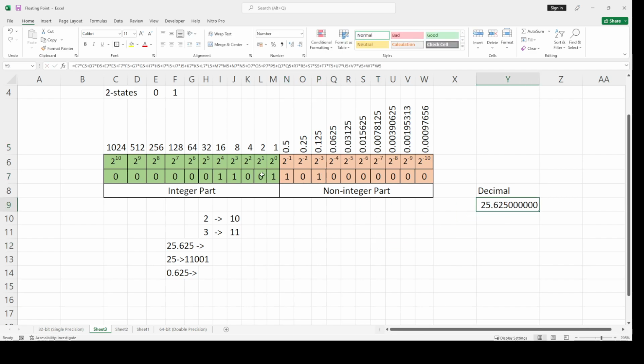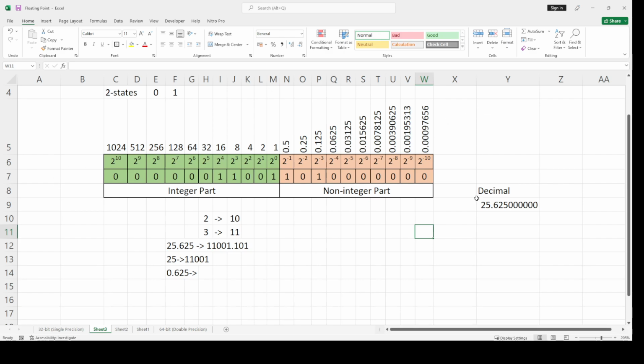And as you can see, when I flick these switches here, it becomes 25.625. Therefore, the binary form of 25.625 is 11001.101. So this is the binary form of 25.625.